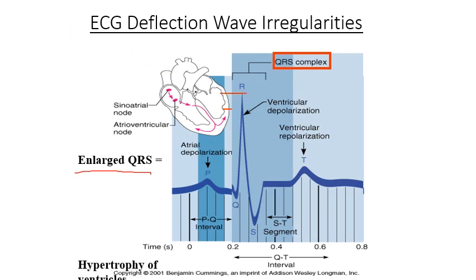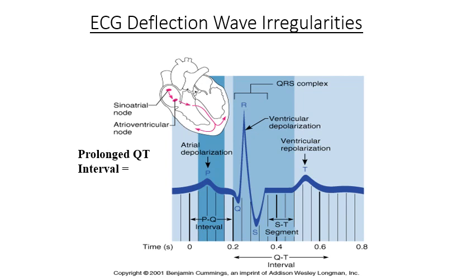That means there is hypertrophy of the ventricles. That's why the amplitude of the depolarization waves is high, because the vector of the heart is higher, and that is depicted here in the very long R amplitude of the QRS complex.